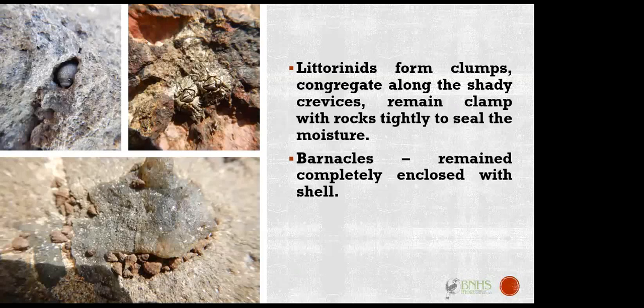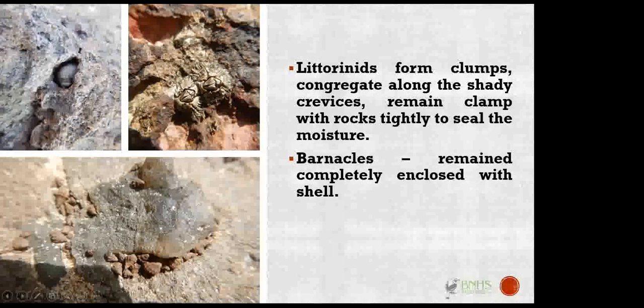This is another littorinid preferring the shady or the small crevice in the rock. These are the barnacles, and this is the opening through which barnacles open up. They completely close this wall during the low tide. These species can retain moisture for the next 5-6 hours for survival till the next tide comes.